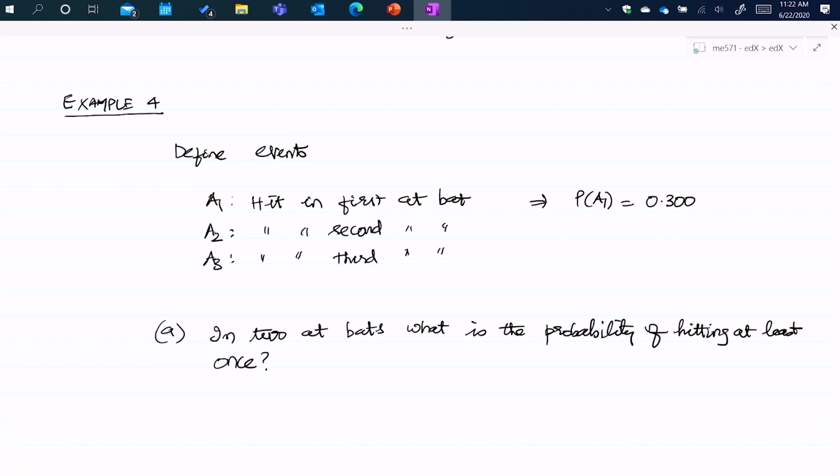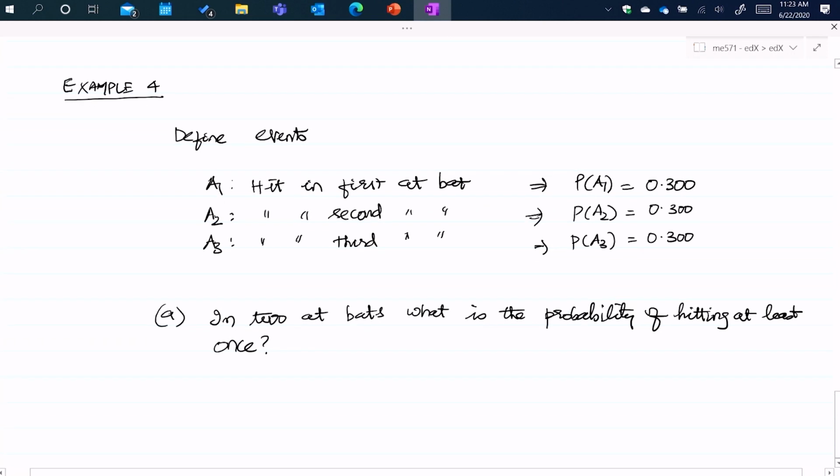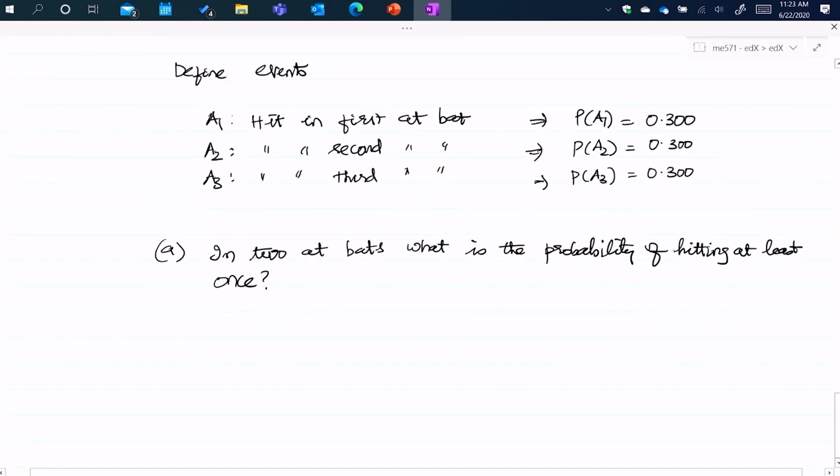So whether the player hit the first time has no bearing on whether the player would hit the second time. We will treat them as independent events, and therefore the probability that the player would hit in the second at-bat is 0.300, as is the probability that the player would hit in the third at-bat.